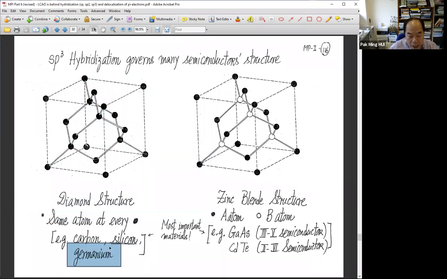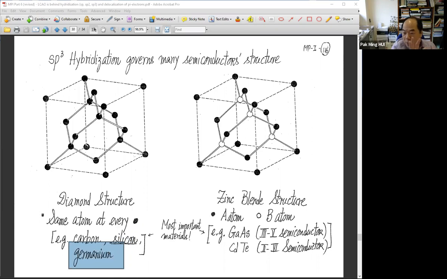Let me tell you that silicon and germanium are the 2 most useful elemental semiconductors. By elemental, we mean the semiconductor is formed by one single element. So all are silicon atoms, all are germanium atoms, all are carbon, okay?